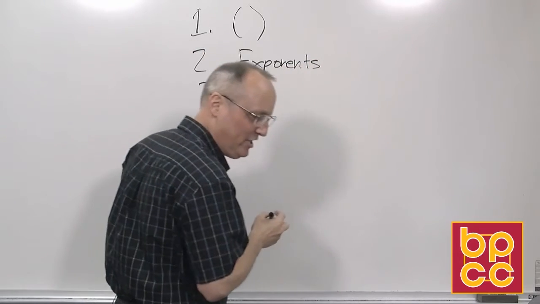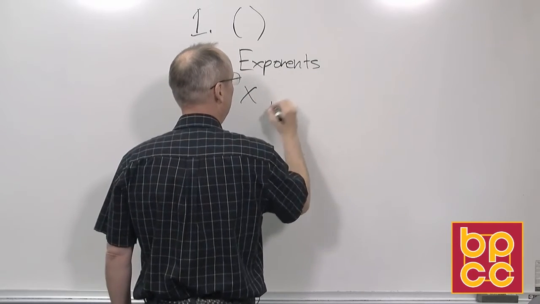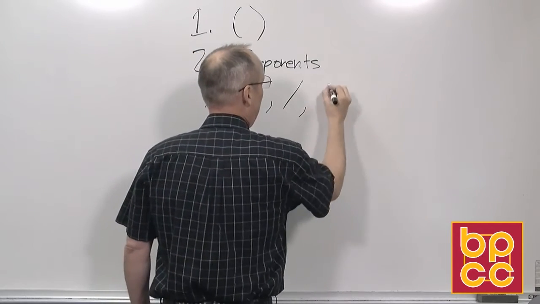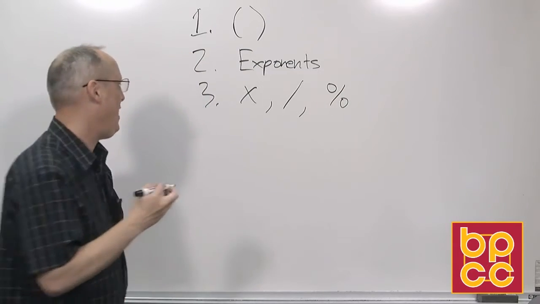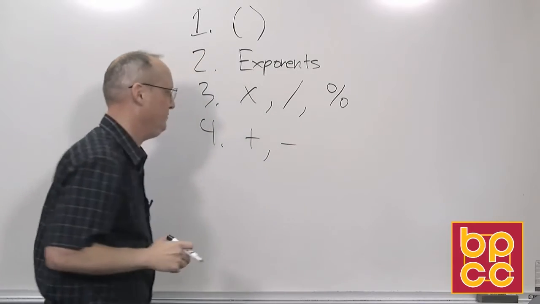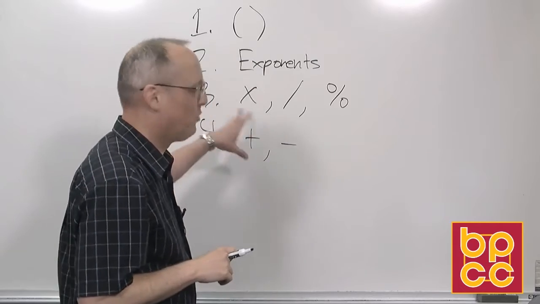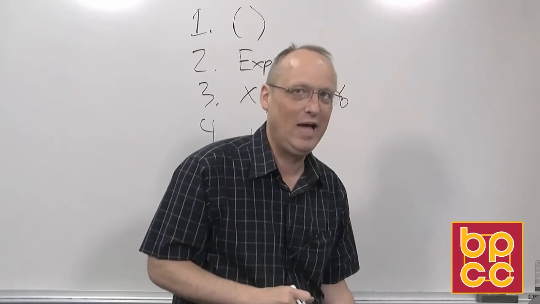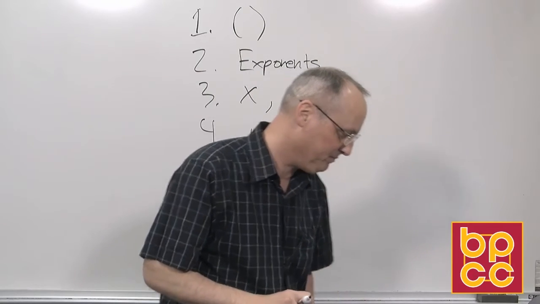Next will be multiplication and division, and in integer operations, also the modulus right there. And then finally, addition and subtraction. All of these will resolve exactly the way they do in all of your algebra classes.